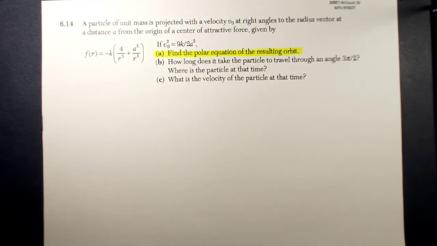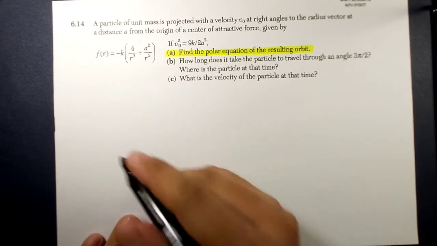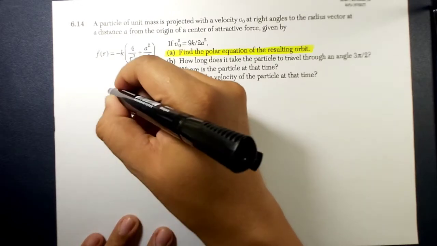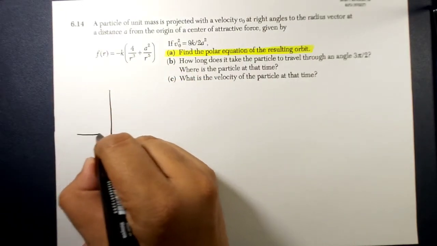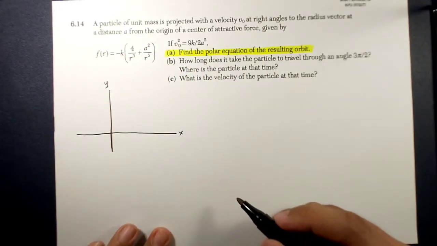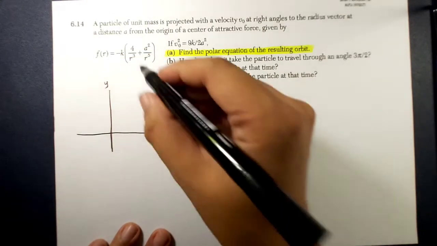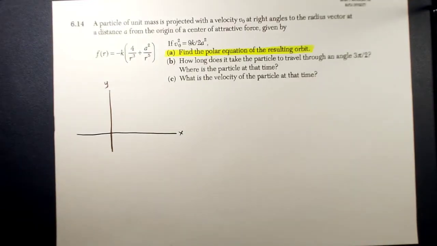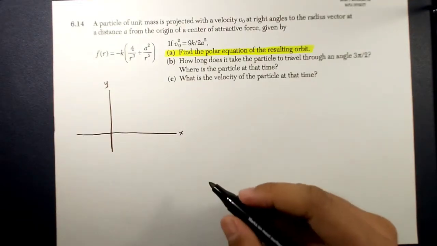Okay, so let's first try to draw our problem. As mentioned here, for example, this is your x and y coordinate axis. Initially, the particle is at a distance a away from the origin.